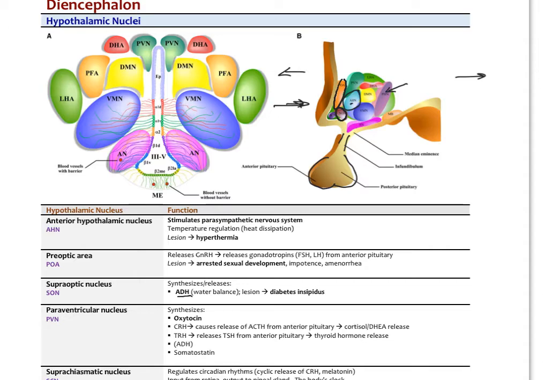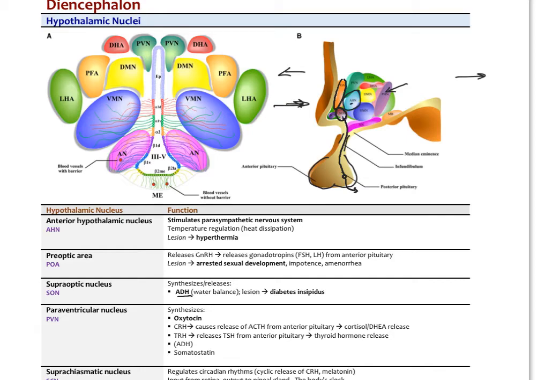And that's going to be secreted by neurons there, and these neurons will pass down the infundibulum to the posterior pituitary, and the antidiuretic hormone will be stored in little vesicles there. And we'll talk about the various things that trigger their release. They'll be released into the bloodstream, and then they'll have downstream effects in the body, primarily on the kidneys to prevent diuresis. So that's the supraoptic nucleus.